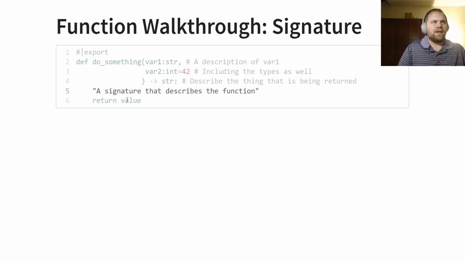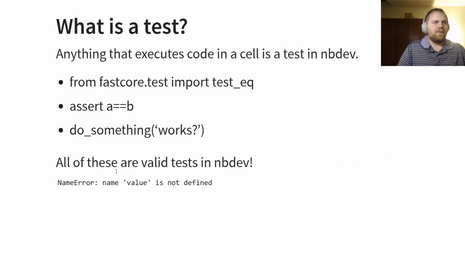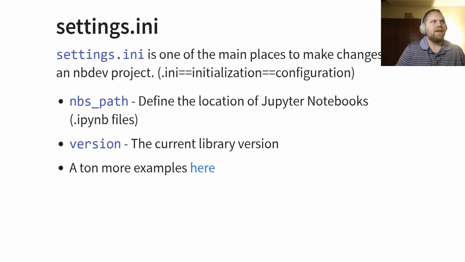So yeah, it's failing, and it's saying value is not defined. It'll show you the stack trace and stuff when you run this as a test. It doesn't here because this is like a reveal.js slide. It doesn't quite render it properly. So yeah, all of this works fine for testing in nbdev.